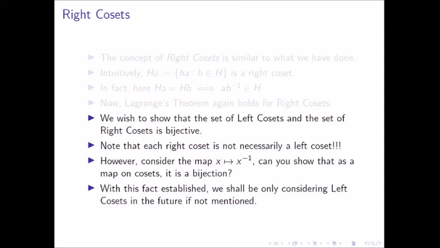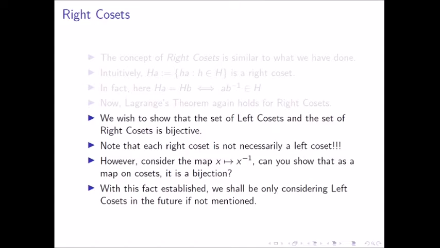This is the simplest map which does it. So with this fact established that the right cosets and left cosets are bijective even if not the same, we shall only be considering left cosets when we write just cosets. If we are considering both left and right, or just right, we shall specifically mention right, and if it's just mentioned cosets, it means left cosets.